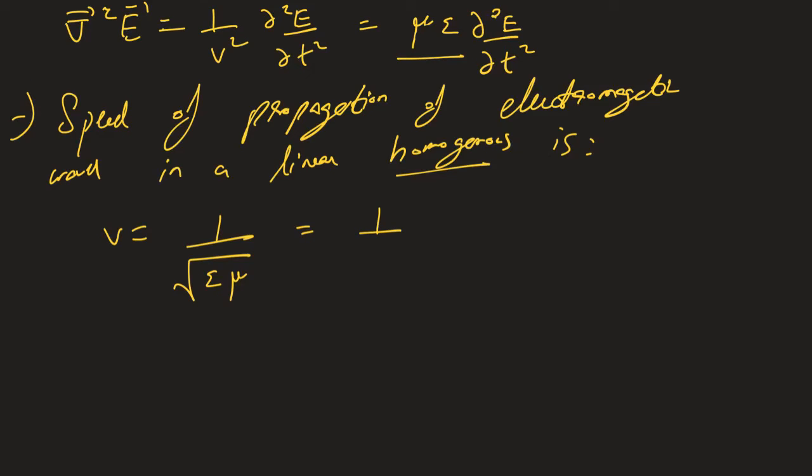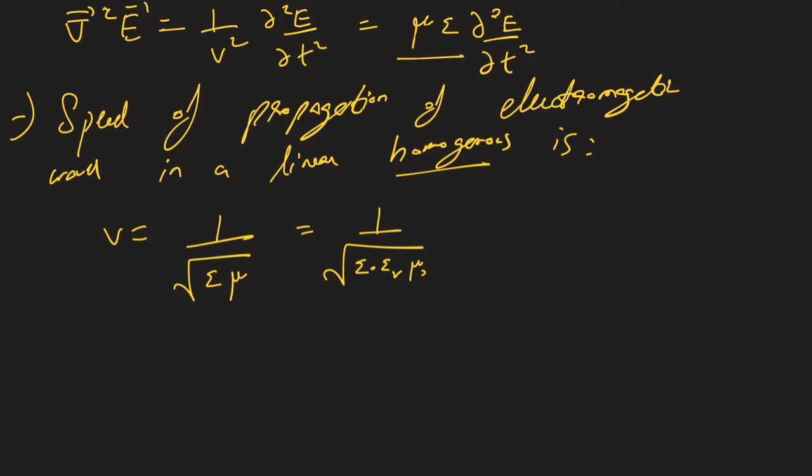1 over square root of epsilon naught epsilon r. Epsilon r is the relative permittivity. It's related to basically the electric susceptibility. You can go back to your notes and check this.